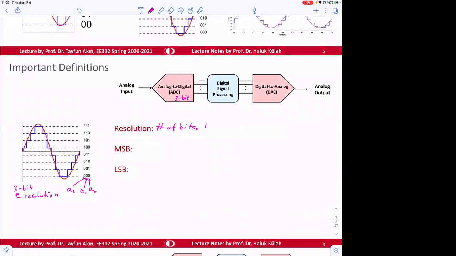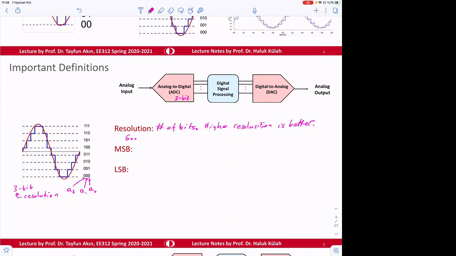Of course, higher resolution is better. Okay. So too much resolution, unnecessarily high, is not good.